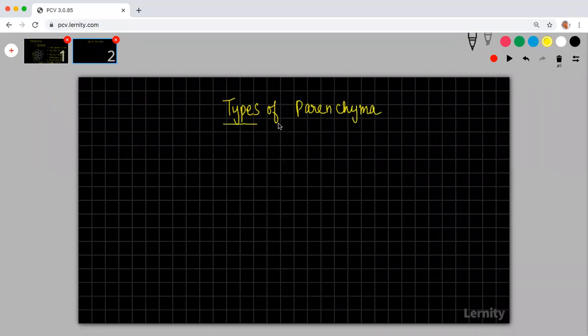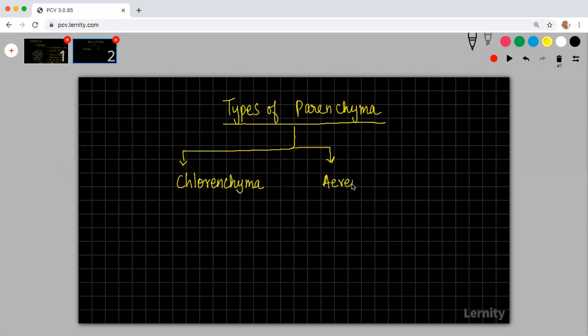One is what we call chlorenchyma. Then you have something called aerenchyma. And the third one is what we call idioblast.